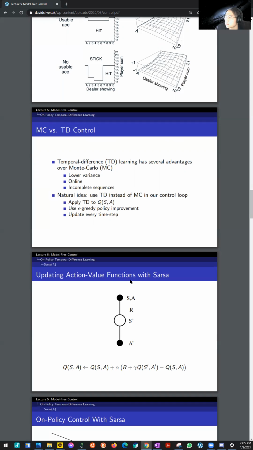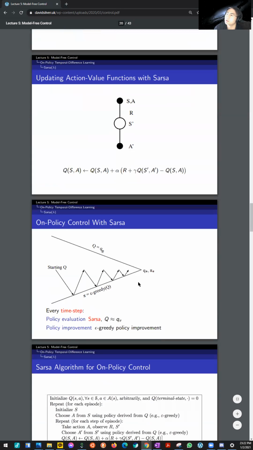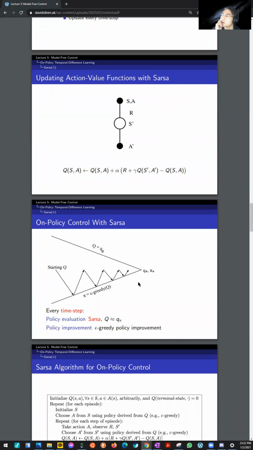The specific example of on-policy temporal difference learning is called SARSA, which is updating the action value instead of just the value. It's updating the action value, in other words, a Q value. And we know this because, just as a reminder, in model-free control we can't use just the value function.